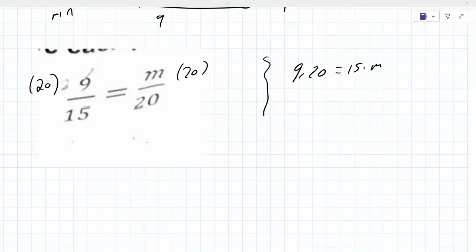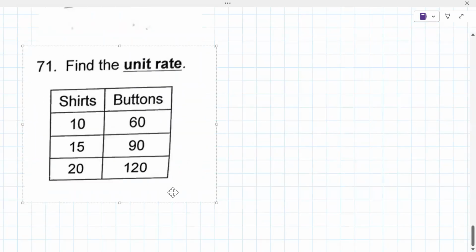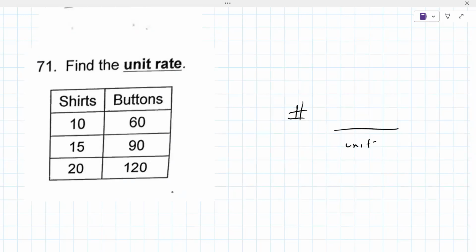You said unit rates. So with unit rates, there's a couple of things to the answer. There's the actual number, and then there's the units. So what I'm looking for is a number and then the right units.